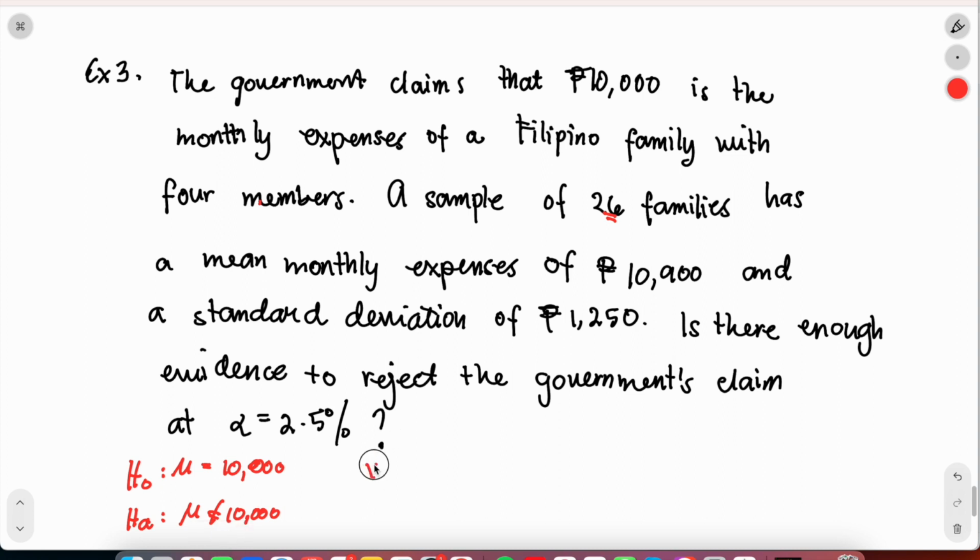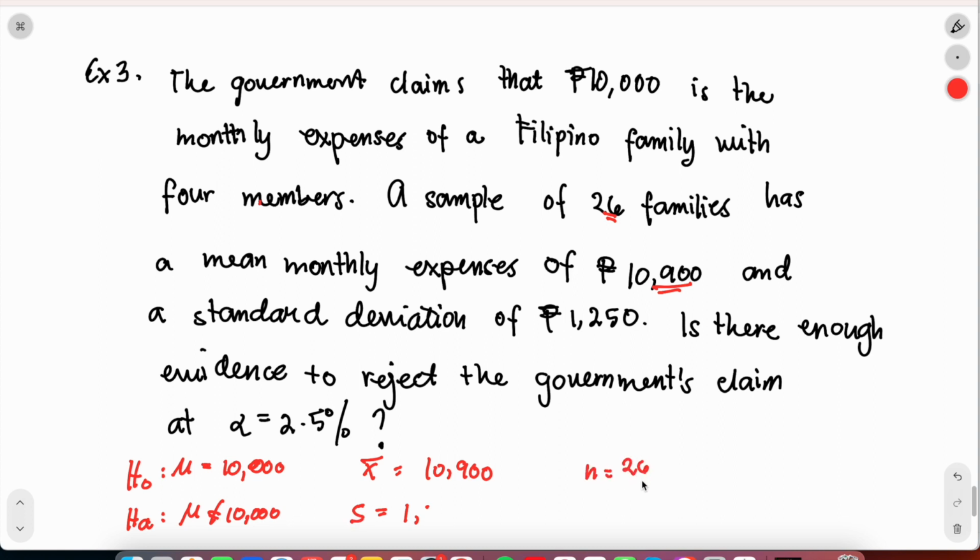Okay, our sample mean here is 10,900. From our data, it's actually 10,900. And since this is 26, this is less than 30. Our sample size n is 26.